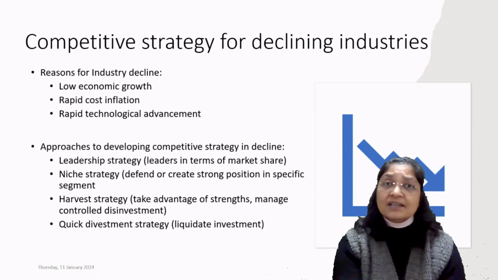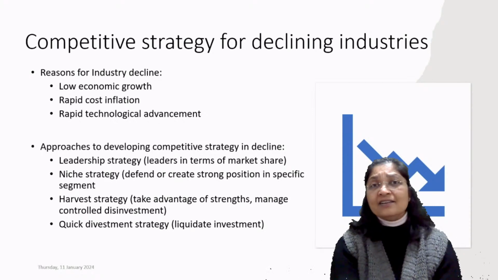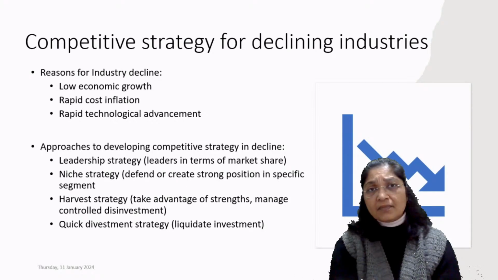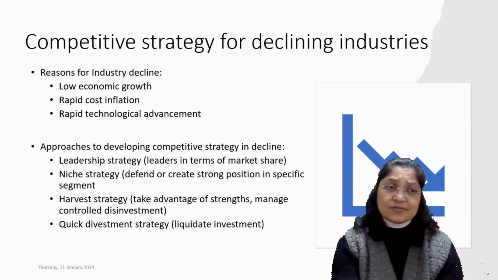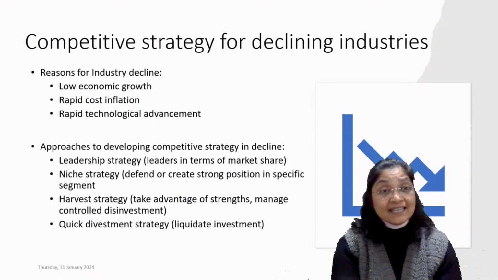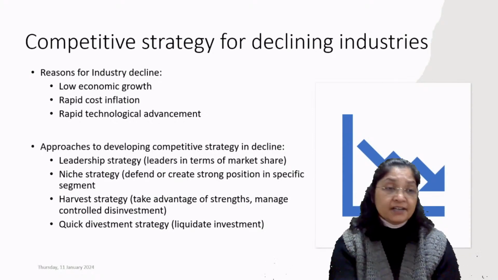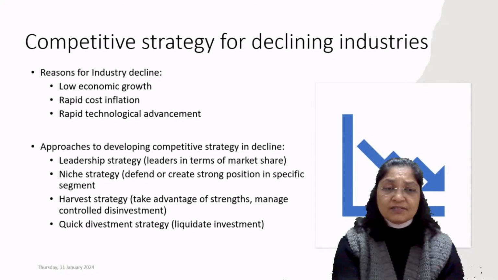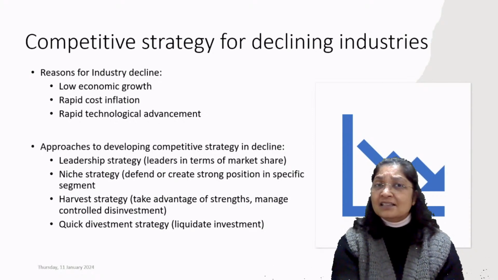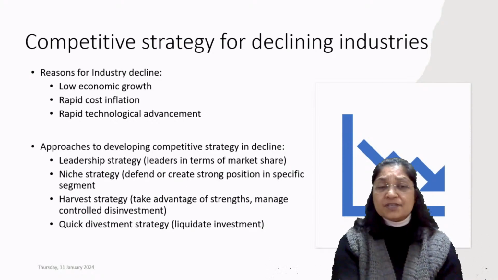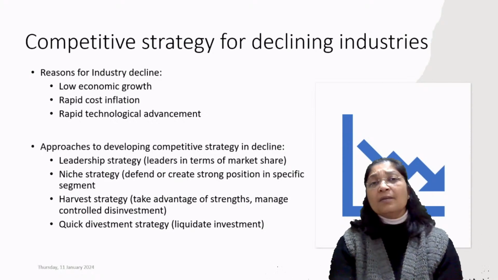Now, if the organization is in a declining industry, what should be its competitive strategies? Because then the whole set of strategizing would be entirely different. The whole approach would be entirely different. So, what are these approaches to developing competitive strategy in the decline stage of the industry? Obviously, leadership strategy, that is, leaders in terms of market share.